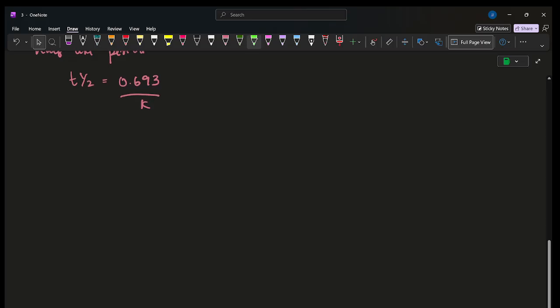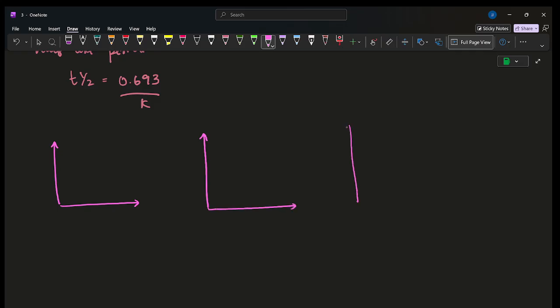Okay, now let's go. The first one would be rate as well as concentration of reactants. It's going to be a straight line because what is the formula?